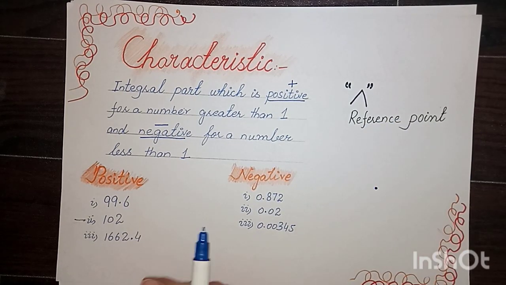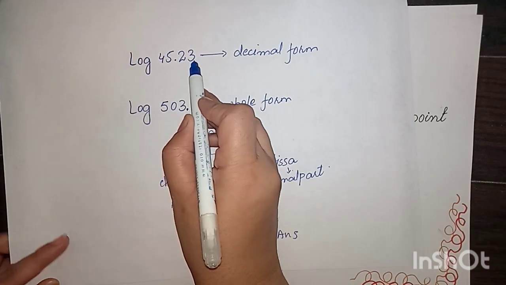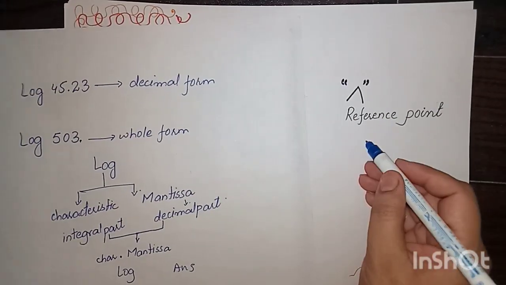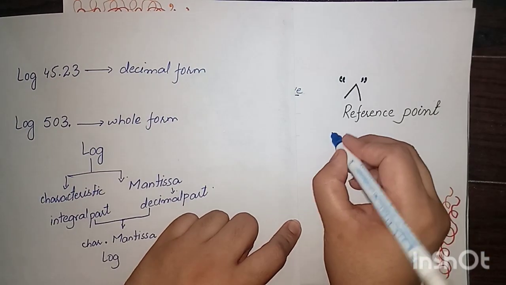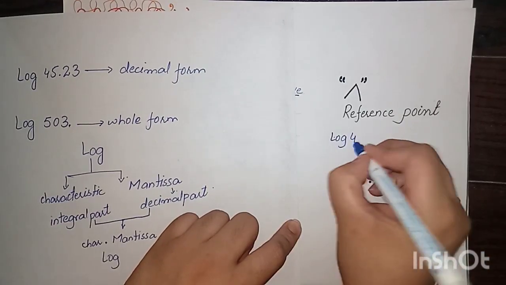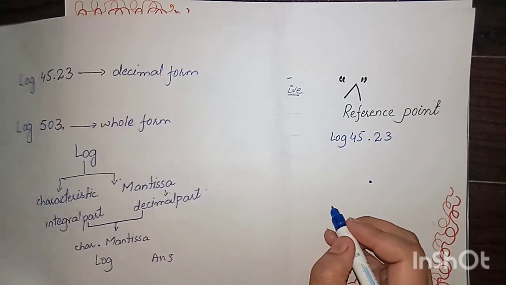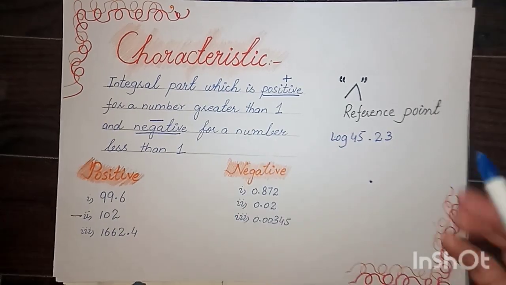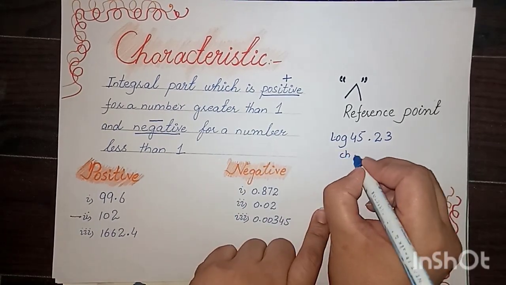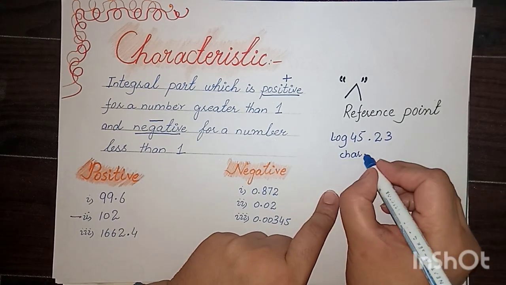From the previous example, if I have to find the log of 45.23, first of all I will find its characteristic, written in the abbreviation CHAR.